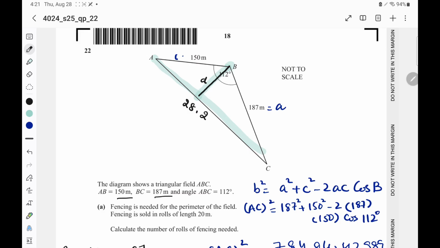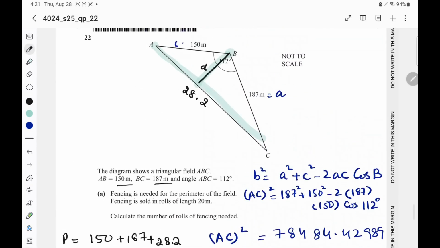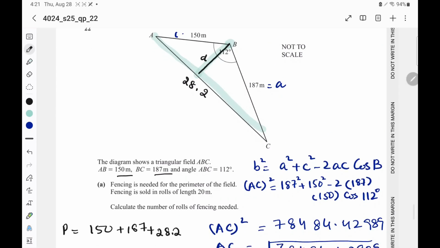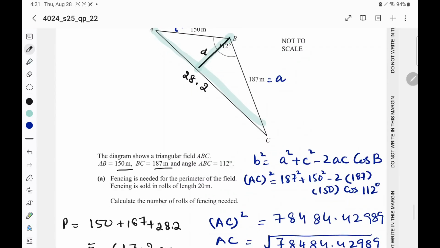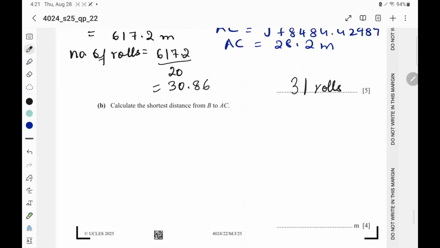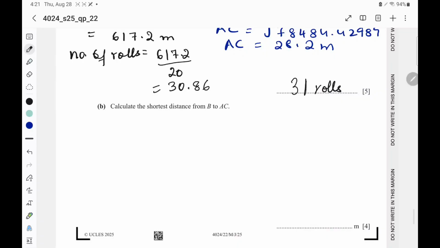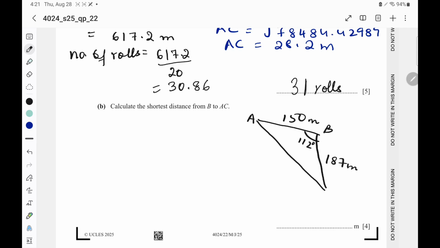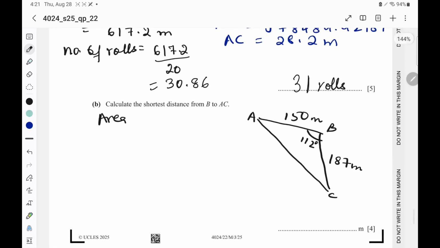280.2. Now remember, I'm just copying down the diagram here to tell you what the area is for this one. 150 and 187 are the lengths: 150 meters and 187 meters and 112 degrees, with B, A and C. With the help of the area we can easily calculate.